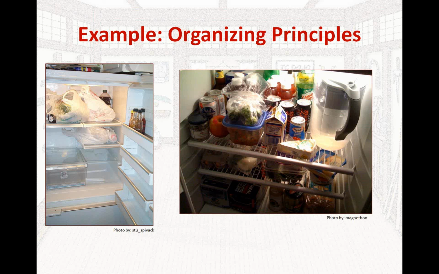So all the things from this store are in this bag, all the things from that store are in that bag, and I know I go to this store to get milk, and I go to that store to get specialty oils and sauces, or specialty vegetable types. So I know that it's in this bag, not that bag. Perfectly valid organizing principles. Absolutely no problem with the fridge on the left.